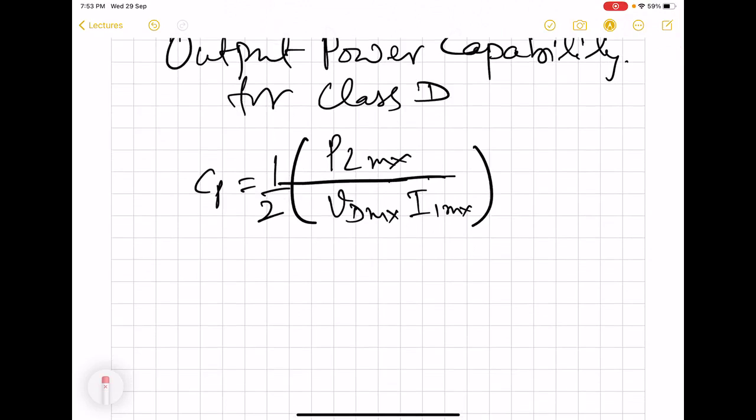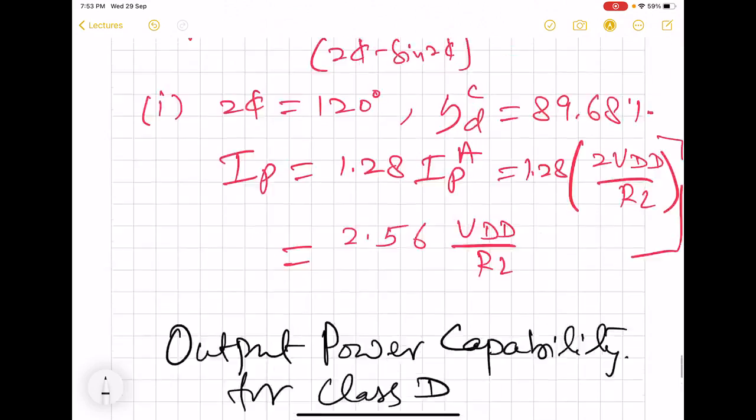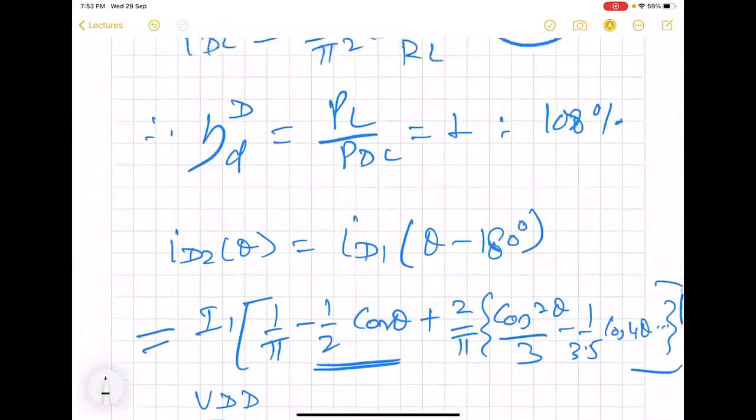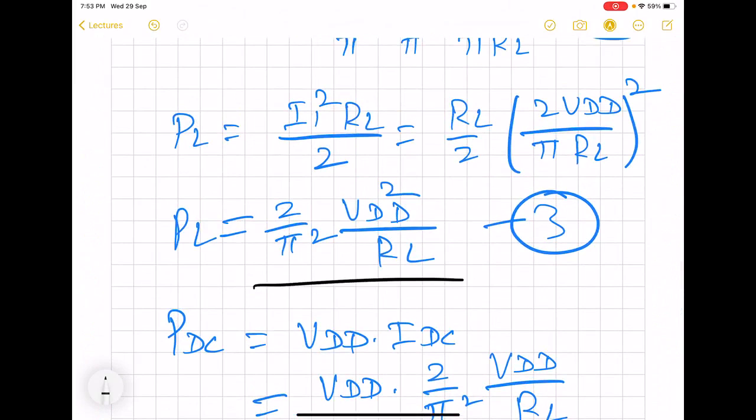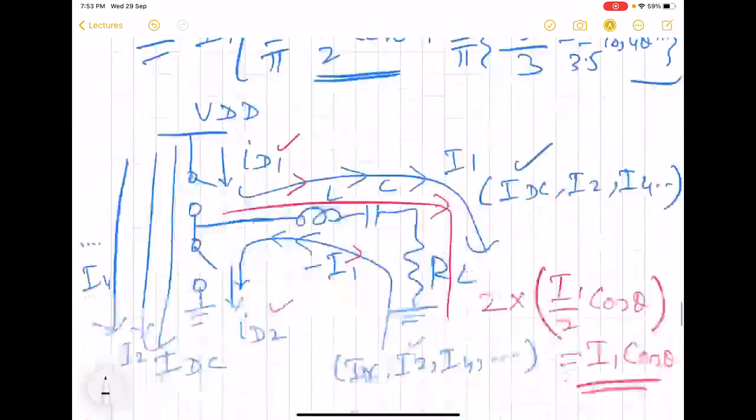So we can calculate this CP. First, let us calculate PL. The PL we had calculated and we found that it is constant. It is not dependent upon any external parameter like input, which is variable.